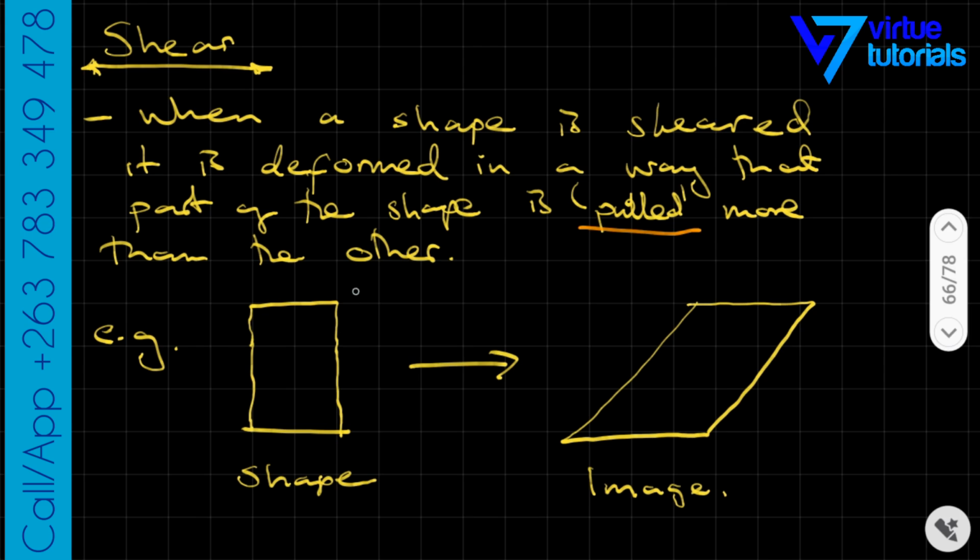It appears that this top part was pulled more than this bottom part, such that the bottom part will lag behind that one. So this thing is now slanting. So shearing has a slanting effect on the sides because one side seems to be experiencing more pull than the other side. So that's basically shear.